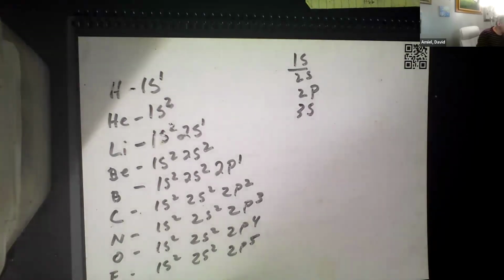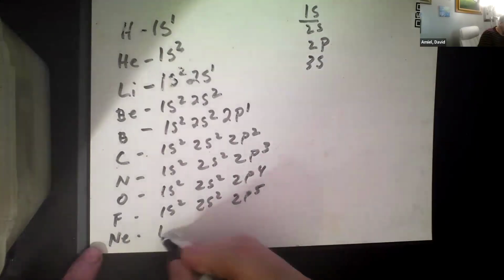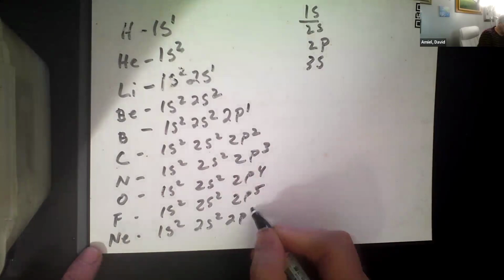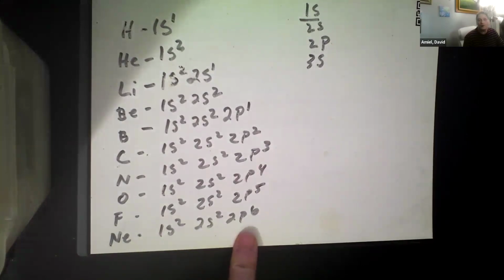And now we end with neon, 1s2, 2s2, 2p6. Notice at 2p6, all the p orbitals are filled.